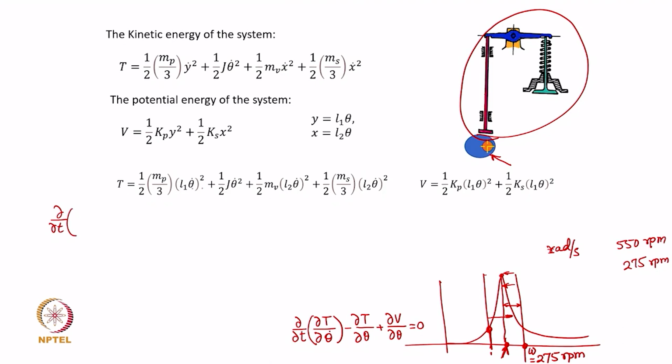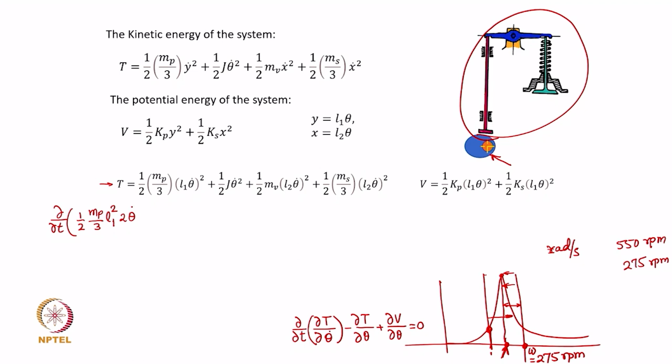Now, the expression for T is here. If the derivative of this is obtained with respect to θ̇, then I get half mp over 3 L1 square 2 θ̇.